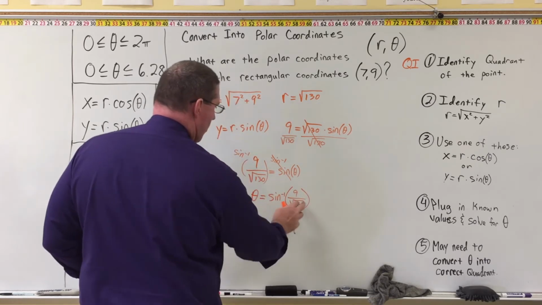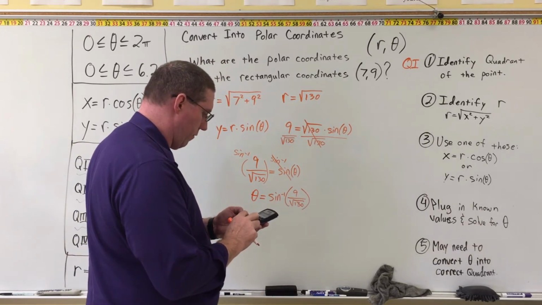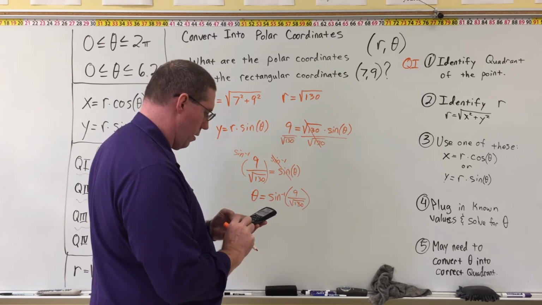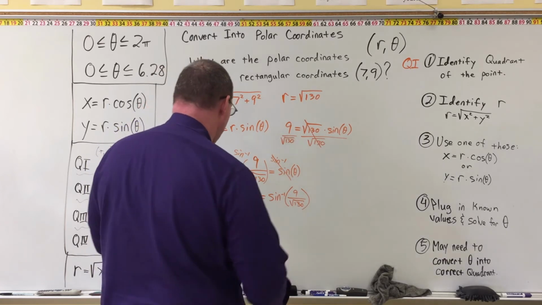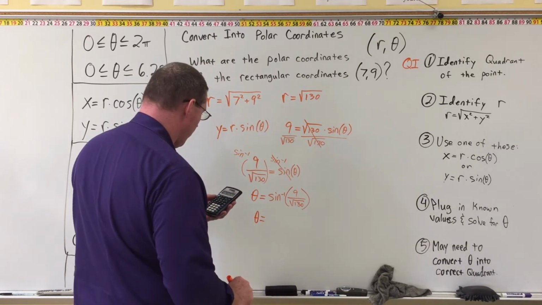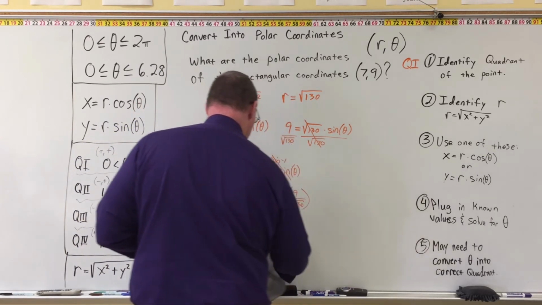We can do this in the calculator. Make sure it's in radian mode. So we're going to go sine inverse of 9 divided by the square root of 130. That's going to give me theta approximately equal to 0.91.